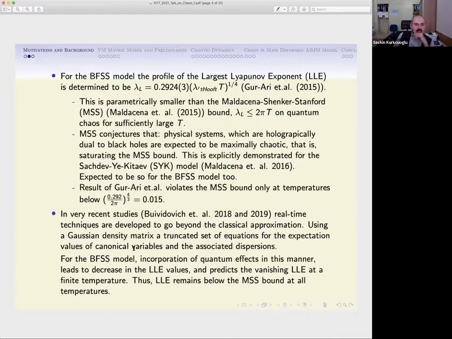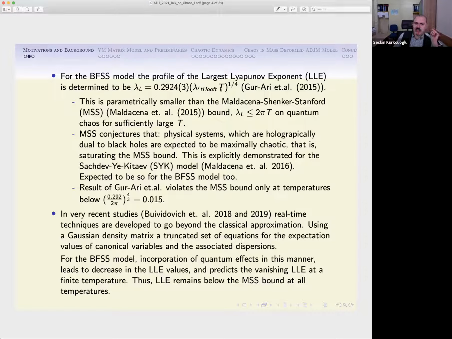Very well. So again, in this paper, they have calculated in the BFSS model from classical analysis the largest Lyapunov exponent, and they have determined it to be given by this number, some 0.29 times. So this formula gives you the temperature dependence of the classical largest Lyapunov exponent in the BFSS model.